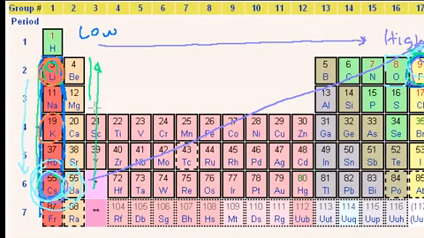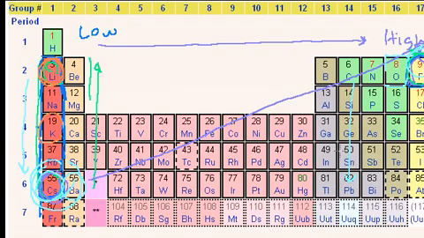And if you were to say within a group, the trend, I did the diagonal, but that's in general true, is that the further you go down a group, the size of the atom is increasing, and the outer electrons are further from the nucleus. So the Coulomb force is going to be weaker, so you're more likely to give away electrons.